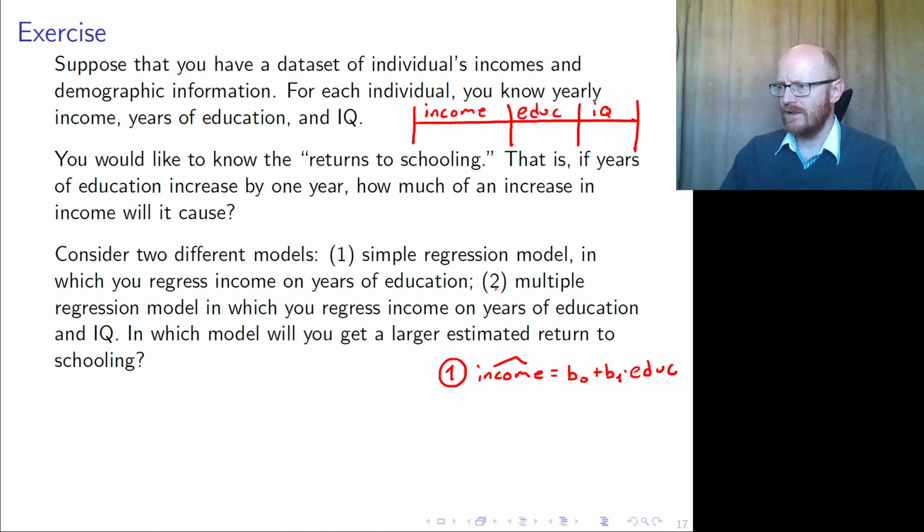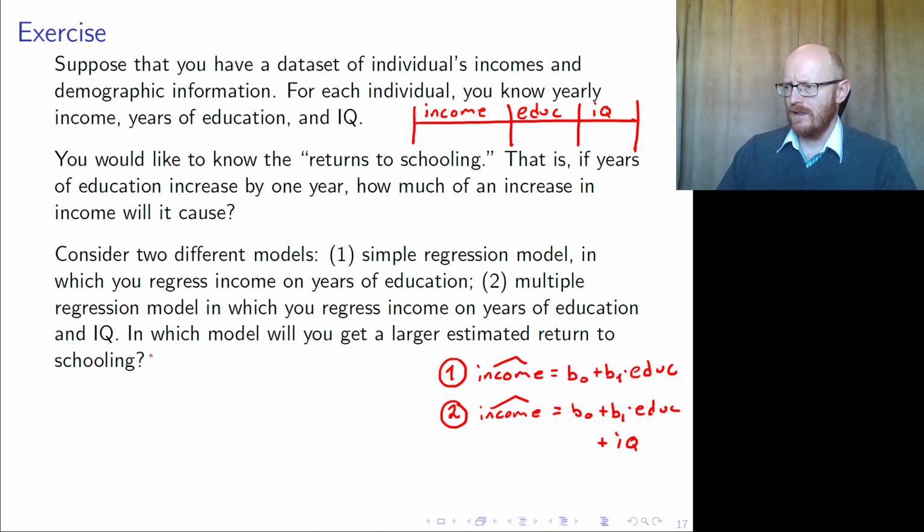And two, a multiple regression model in which you regress income on years of education and IQ. Okay, so then we have income equals the intercept plus B1 times education plus the IQ score you get. Okay.